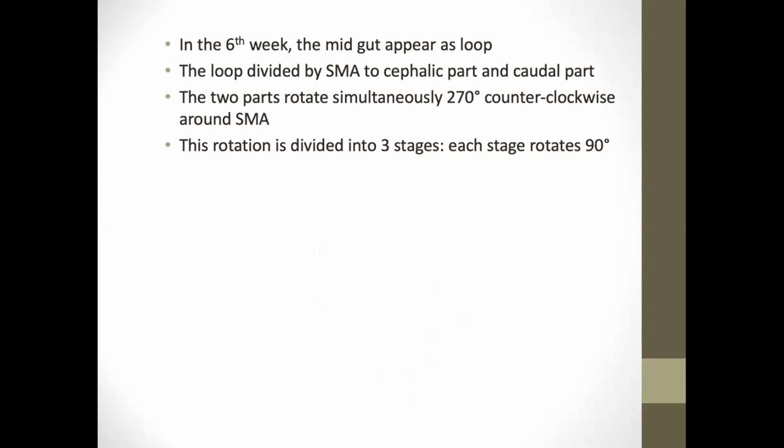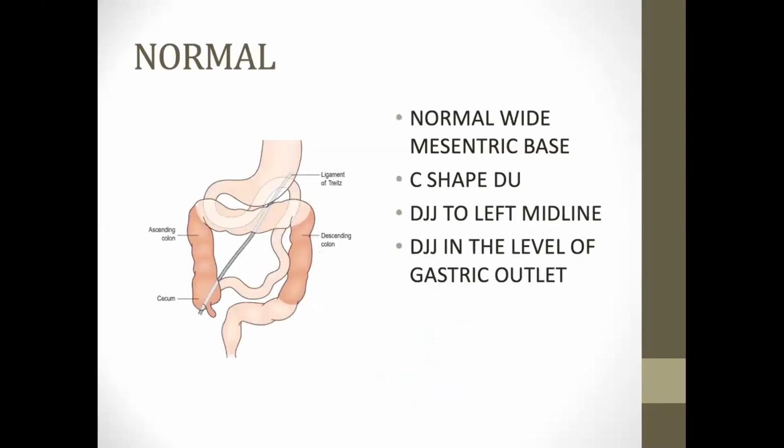After normal rotation of the midgut, the bowel appearance will have a normal wide mesentery base from the ligament of Treitz to the cecum, and a C shape of the duodenum.